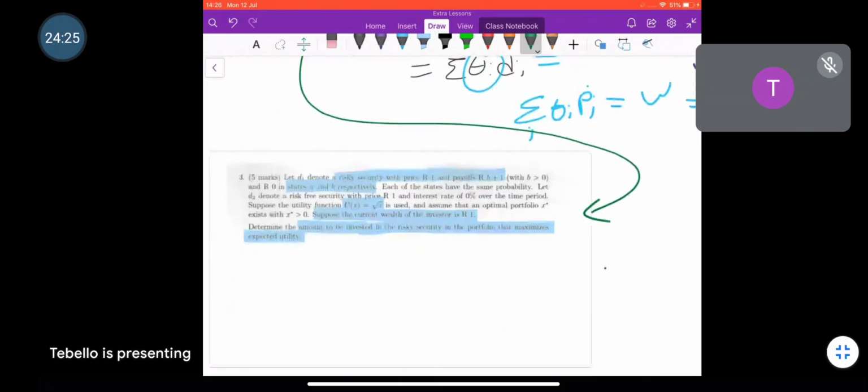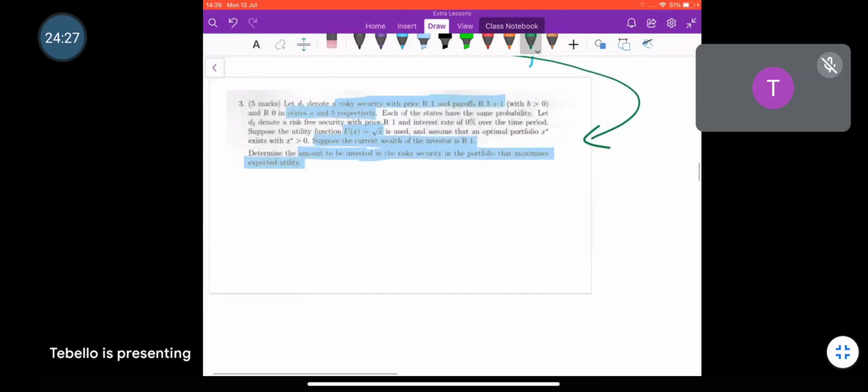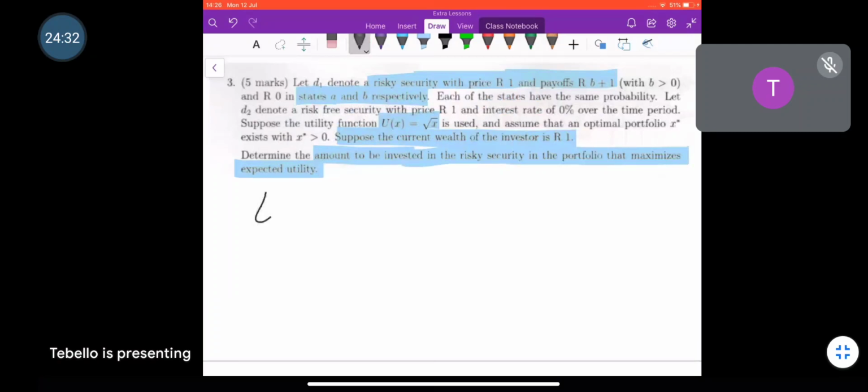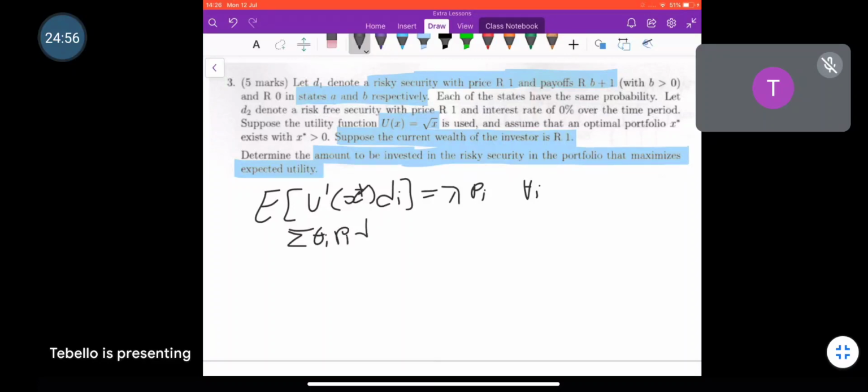We know that those two functions, I'm going to write them down before we can solve them. We have the expectation of the first derivative of x star_i equals lambda times the price of i, for all i's, and the other one you will have to solve is the sum of all the weights, all this equals your wealth.